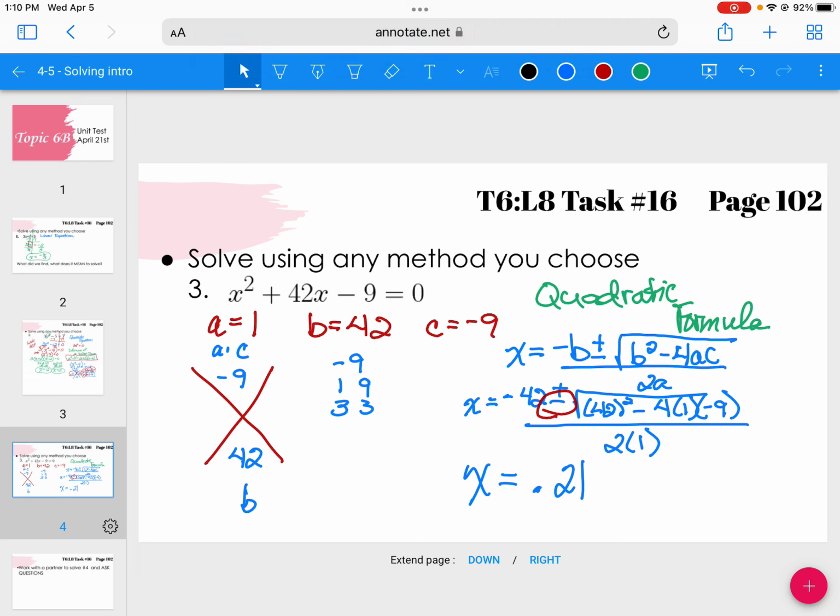So, fraction button, top. So I say opposite of 42. This time minus square root of parenthesis 42 end parenthesis squared minus 4 times parenthesis a, which is 1, times parenthesis c, which is negative 9, end parenthesis.